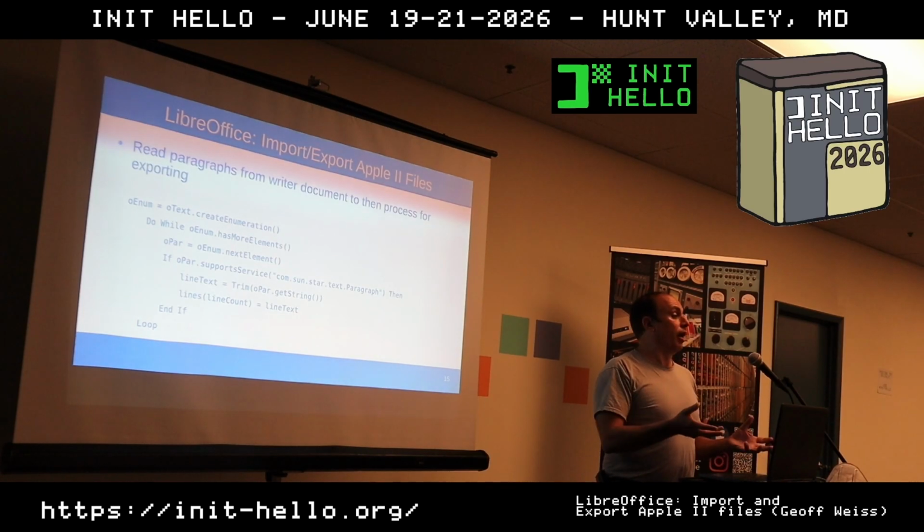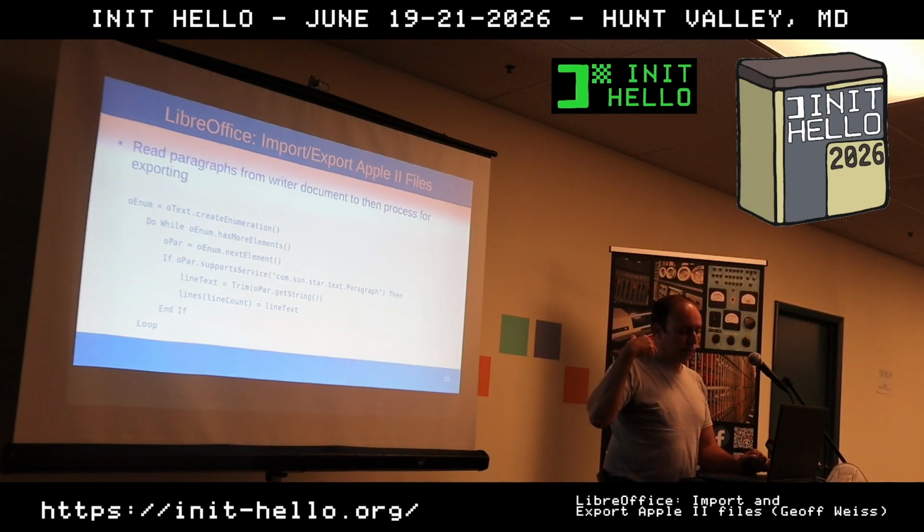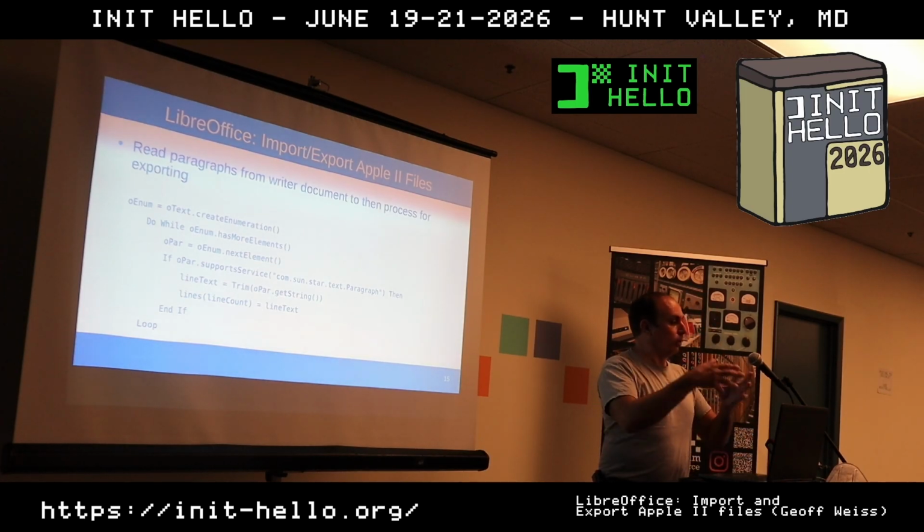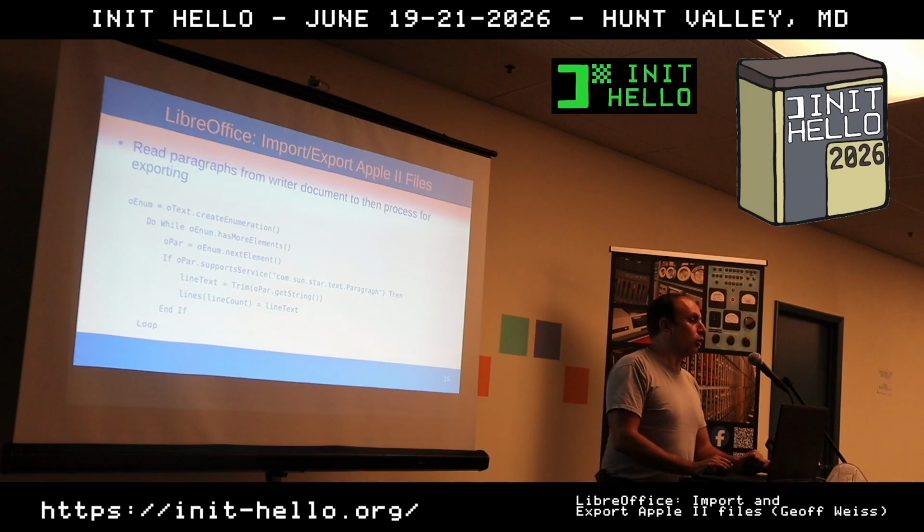What this code does is build an array of strings for every line, and then from there you can work on the array to do whatever you have to do to convert things for writing into an exported file.